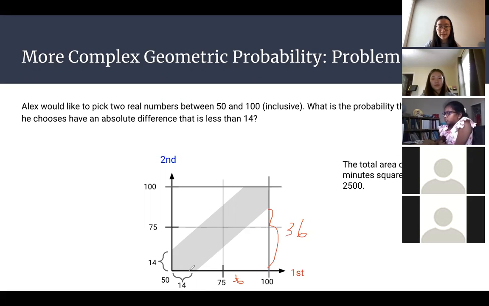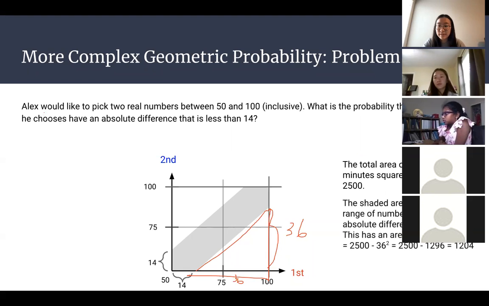And so then what's the area of this triangle right here? The area of both of them would be 1296, because it would be 36 squared divided by 2 times 2, since there's 2 triangles.